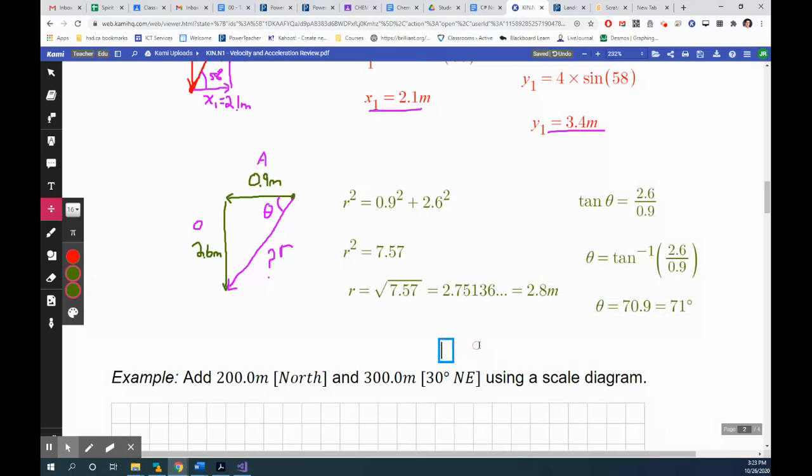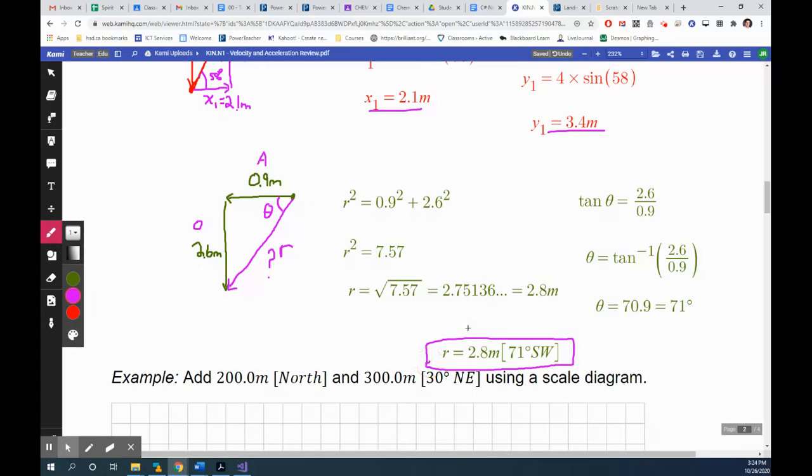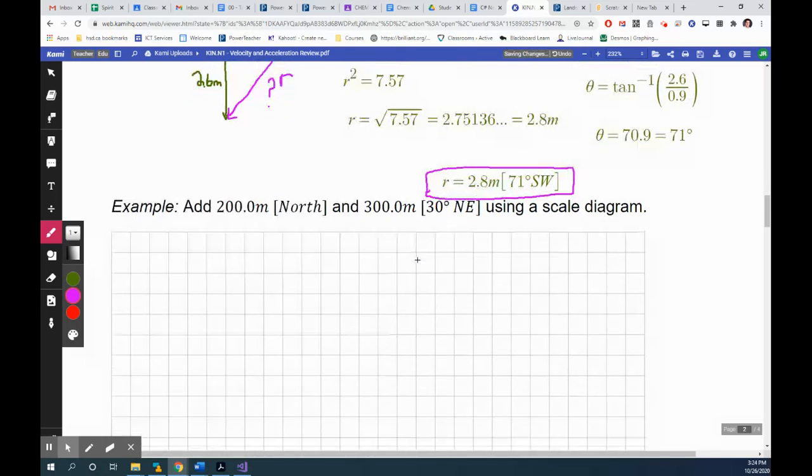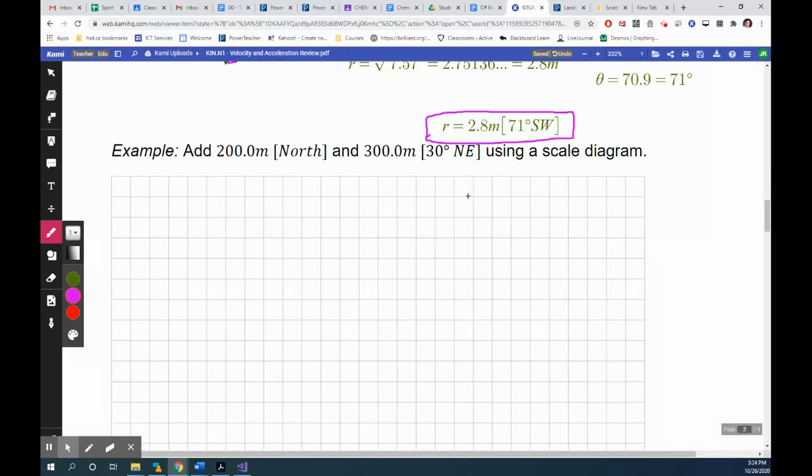So my final answer is, the resultant vector is 2.8 meters, angle of 71 degrees. Now we got to think of the angle. This is south of west. So you can see that, and there's our final answer. Nice.